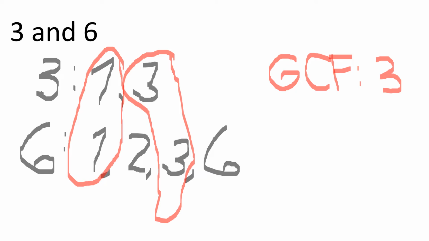Okay. Next. So let's have 5, 10, and 15. Enumerate the factors of 5. So when we multiply 1 and 5, it will give us a product of 5. How about 10?